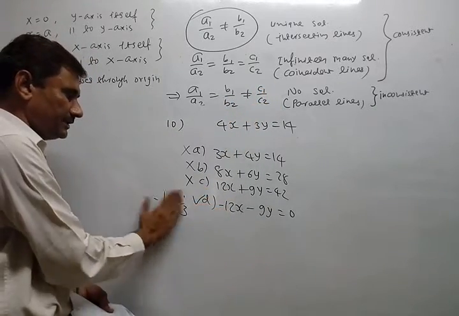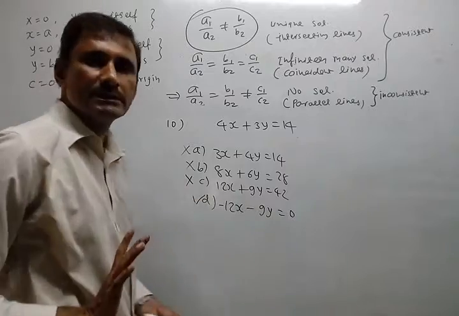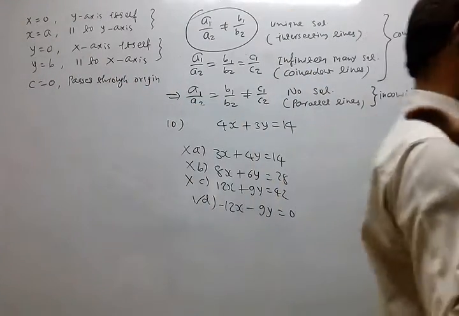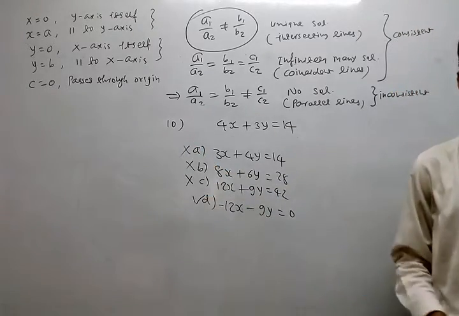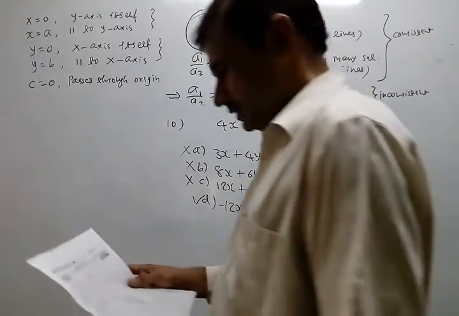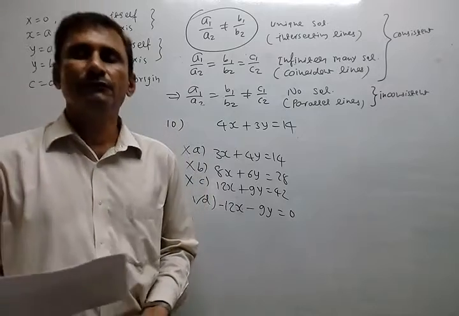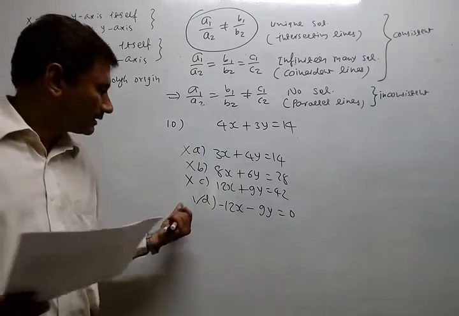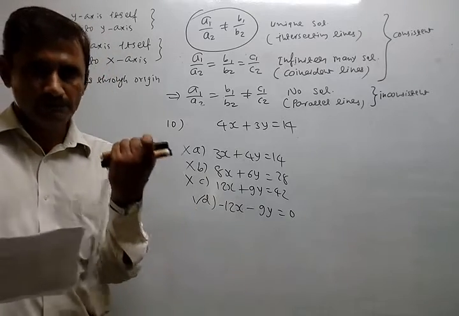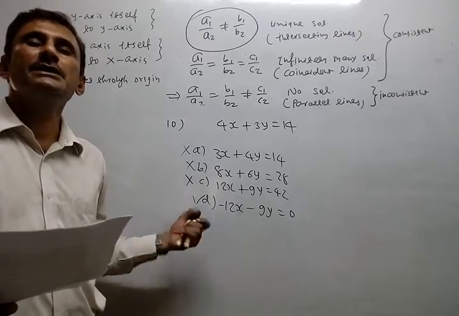So this is the required condition for parallel lines. Okay, so only MCQ type questions, only these types of questions can be asked. So you have to check option one by one and select or point out the right option.